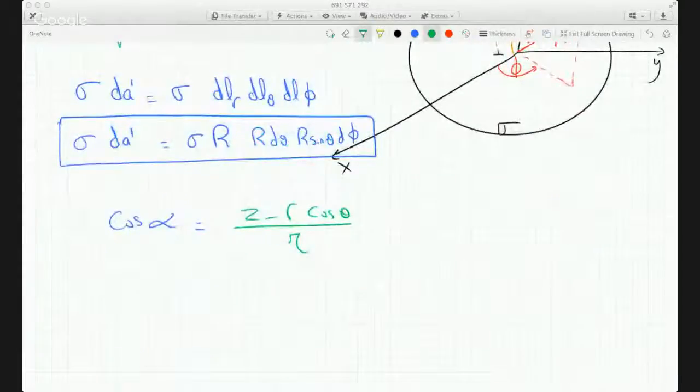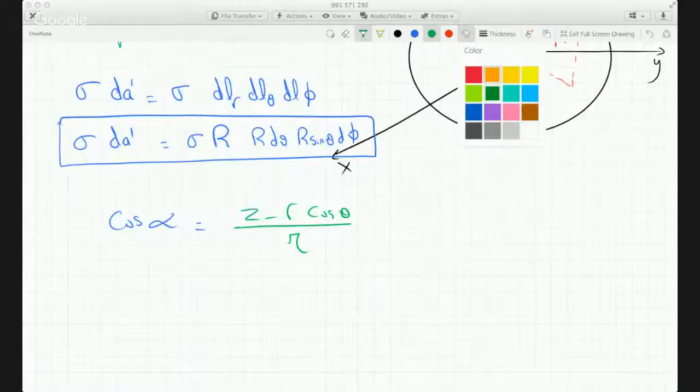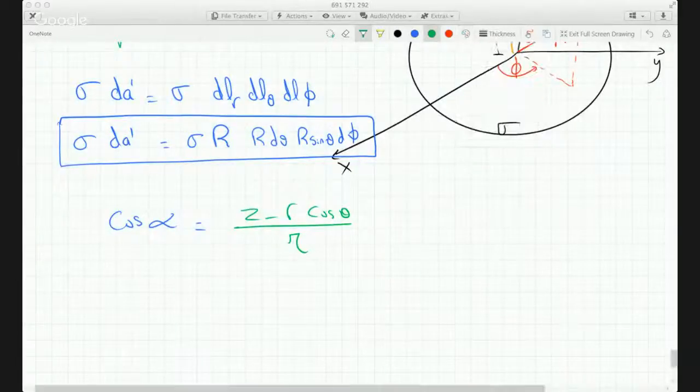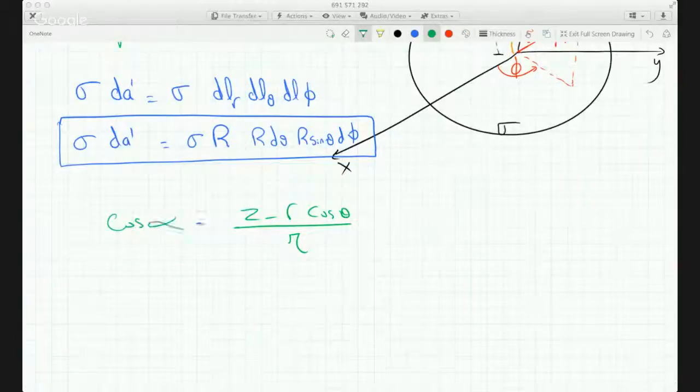So my electric field will be 1 over 4 pi epsilon. Put everything together now.